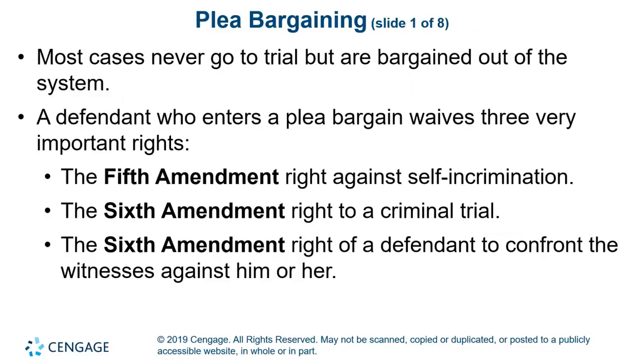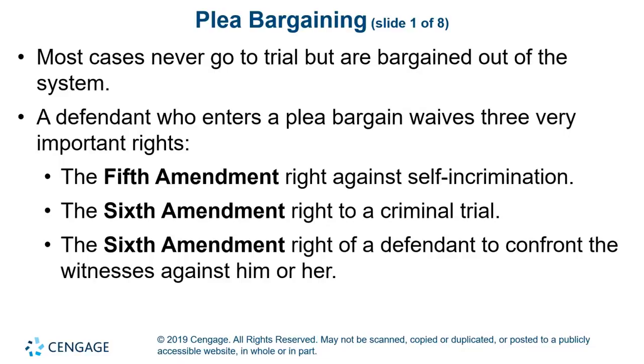Okay, and also keep in mind that most cases never go to trial but are bargained out of the system. This falls into our plea bargaining discussion. A defendant who enters a plea bargain waives three very important rights. The first is within the Fifth Amendment, which is the right against self-incrimination.